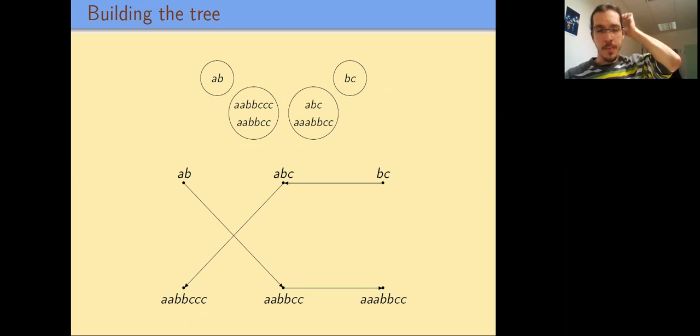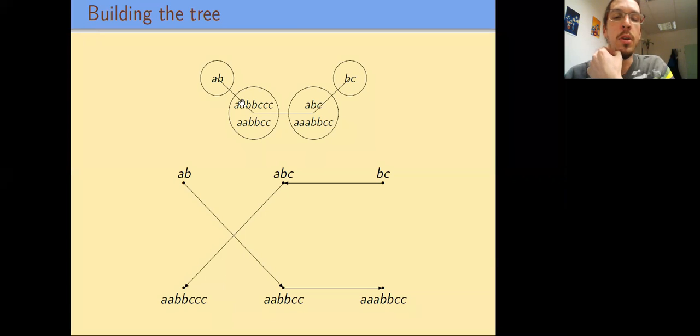So next step, now that you have all these classes, you join two classes by an arc if they contain two complement sets. So for example, this one contains AB and AABBCCC, so it's associated to this split. So you put an arc in between these two.